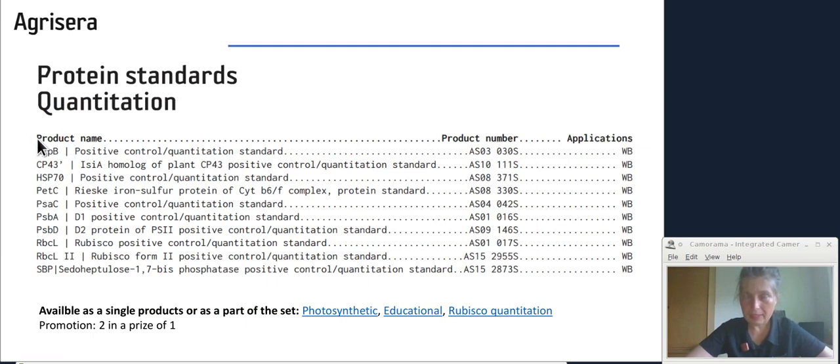So the following protein standards are available mainly for photosynthetic proteins, and they are also part of the antibody sets, which contain both antibodies and respective protein standards, and will allow quantification. These sets are called photosynthetic, educational, and Rubisco quantification.